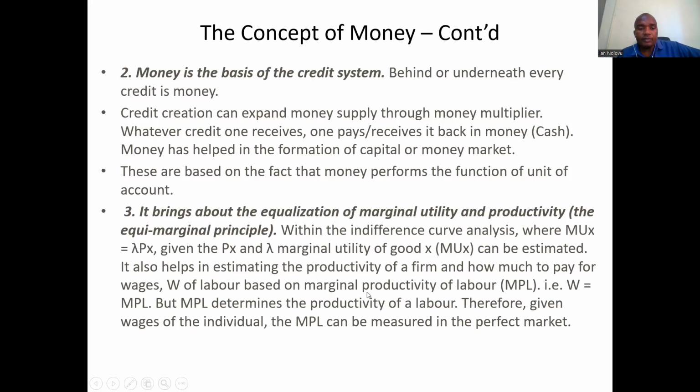In the same vein, under labor productivity theory, we have the concept of the Equi-Marginal Principle as well, where the wage rate is equal to the weighted marginal product of labor, where the weighted marginal utility will be lambda or delta, whatever Greek letter you introduce, which is equal to MPL over W, where W is the price of labor.